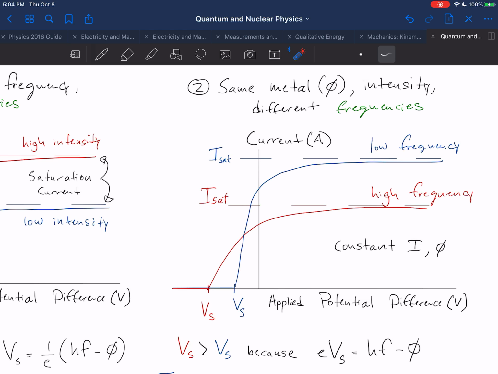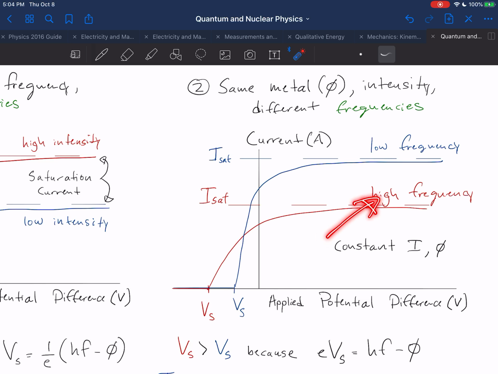The reason is that at the same intensity for low frequency and high frequency light, you are dividing up that intensity into low energy and high energy photons. If you divide the same intensity into high energy photons compared to low energy photons, you will get fewer photons for the high frequency light than for the low frequency light, assuming constant intensity.